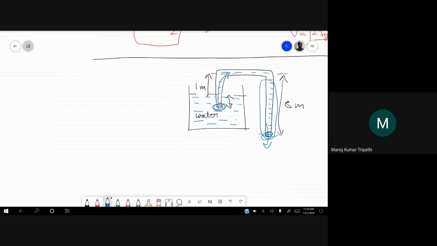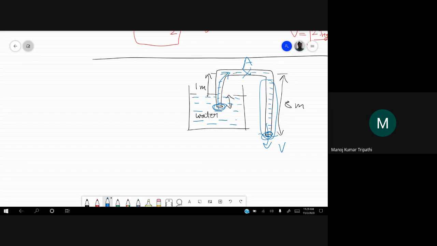So the problem is, what is the speed of water flowing out from this end if the entire thing is filled with water, and let's say it reaches a steady state? What is the speed, and what is the pressure at the highest point A of the siphon?